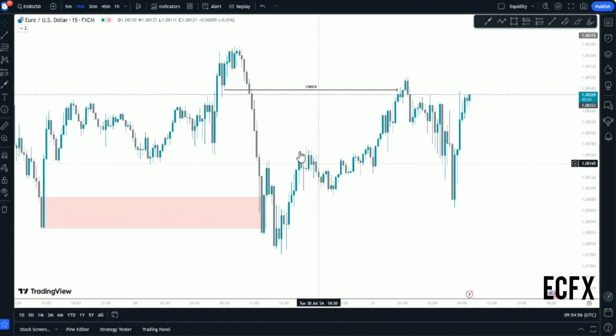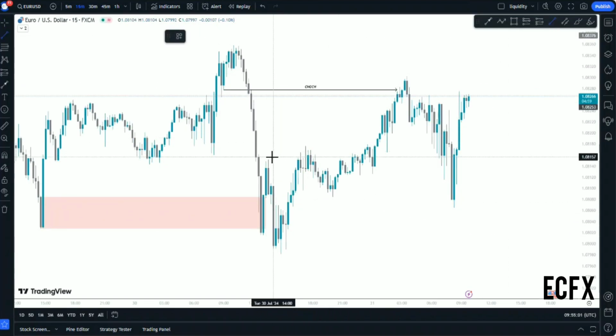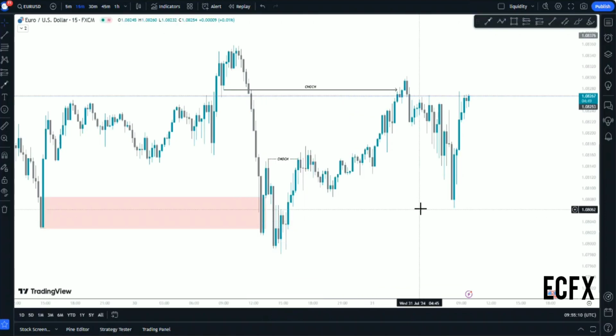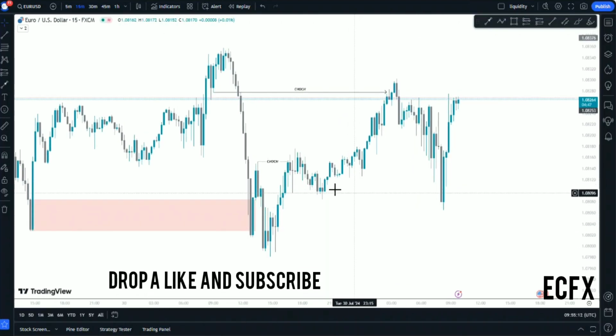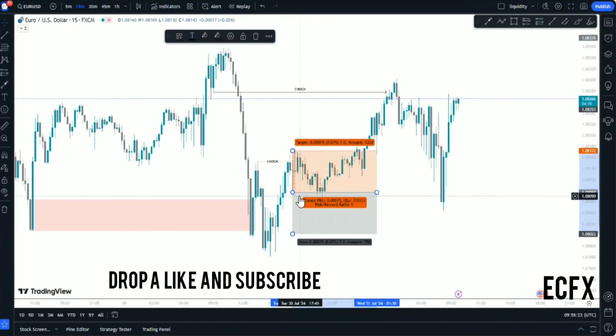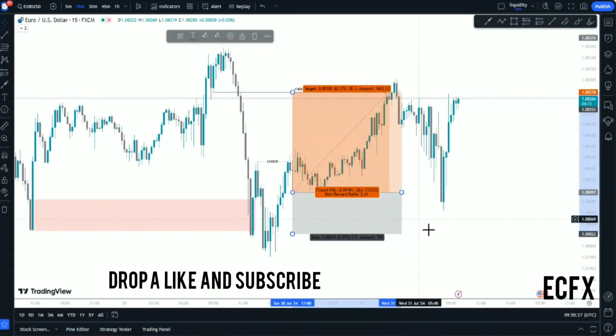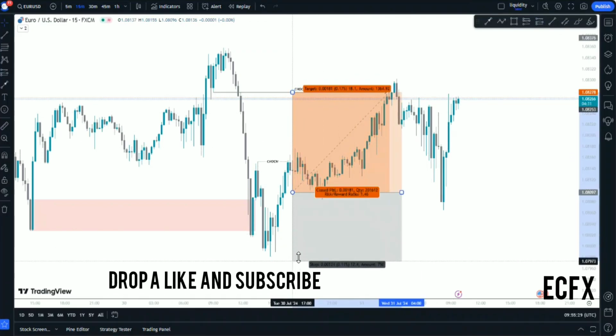The way you are going to do this is you are going to wait for price to change character to the upside again, and then you can take your long position from here, or wait for the slight retracement and take your position from there, targeting the level, with stop loss below the most recent low.